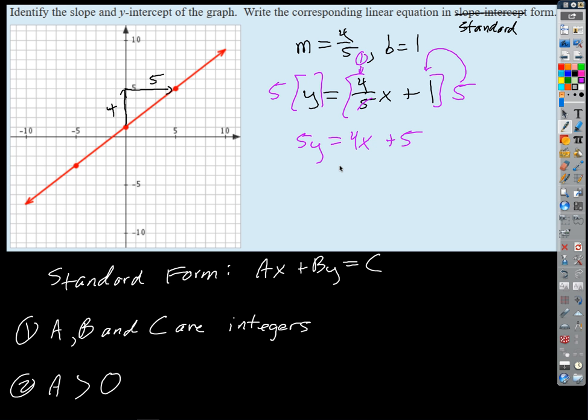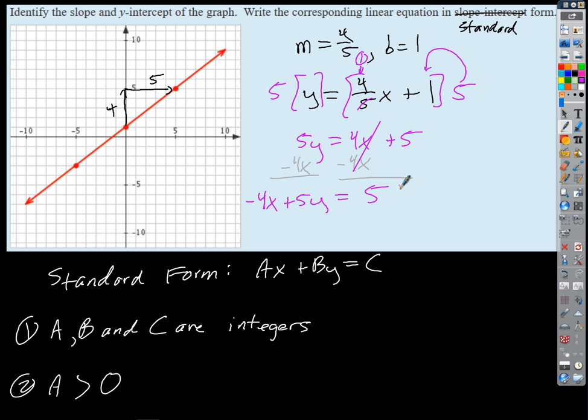Okay, so now when I put the 4x on this side, let's say I subtract 4x from both sides. Then I'm going to get a negative 4x plus 5y. Let's put the x term first, right? Equals positive 5. That's where a lot of people leave it. Why is that wrong? Because A is negative.